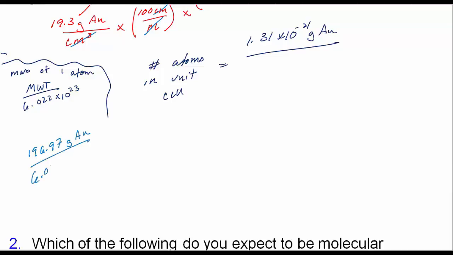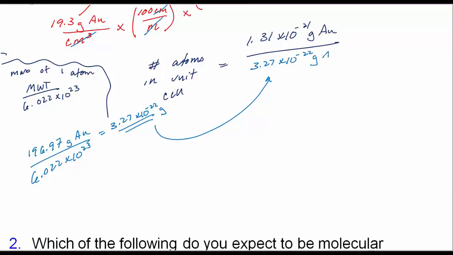Hello, Avogadro, 6.022 times 10 to the 23rd. 196.97 divided by 6.022 times 10 to the 23rd. You get about 3.27 times 10 to the negative 22 grams. So that's the mass of one gold atom. We'll put that on the bottom: 3.27 times 10 to the negative 22 grams of gold.